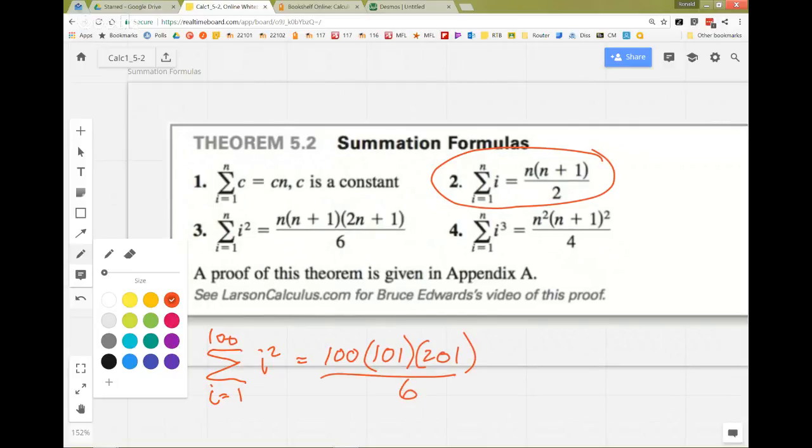That'll give you the answer. A major shortcut, okay? And then there's also, in number 4, a shortcut for adding up cubes: n squared times the quantity n plus 1 squared divided by 4. Okay, so we're not going to give you a lot of these at this time. We're just giving you these 4, but they're pretty important.